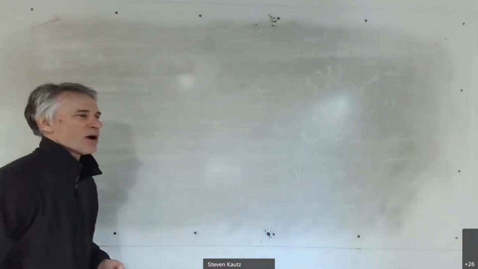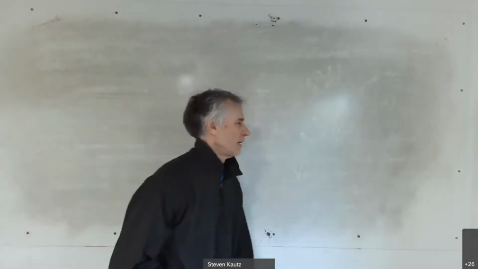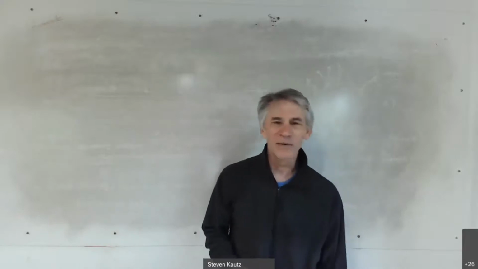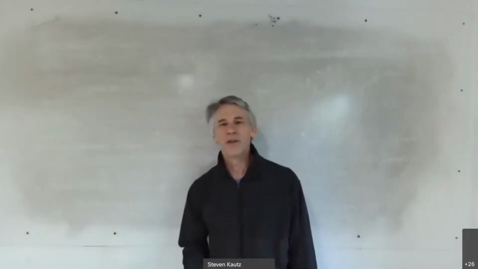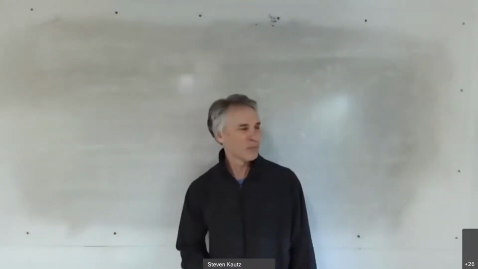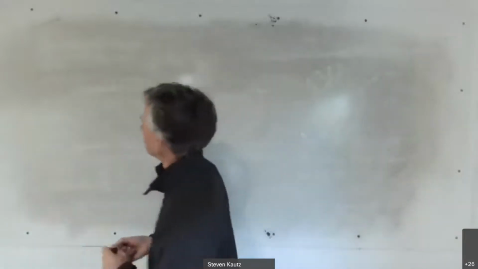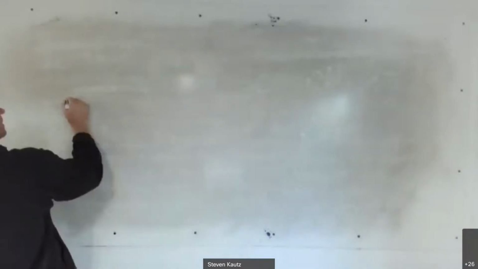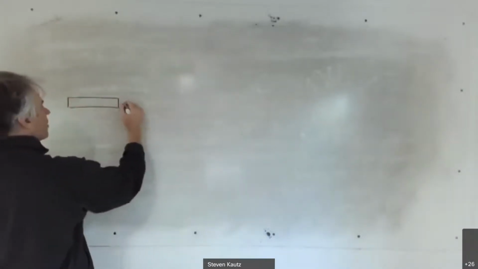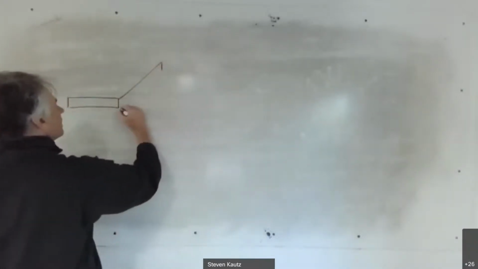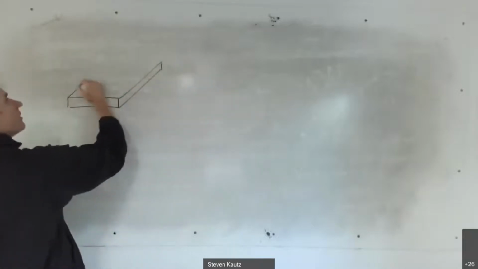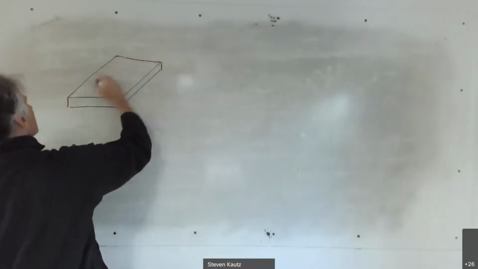So let's say you're a Scandinavian company and you're trying to manufacture cheap furniture in China. And you want to make something that looks like a wooden coffee table. Now, of course, it's cheap furniture, so it's not actually made of wood. It's made of sawdust that's been glued together.